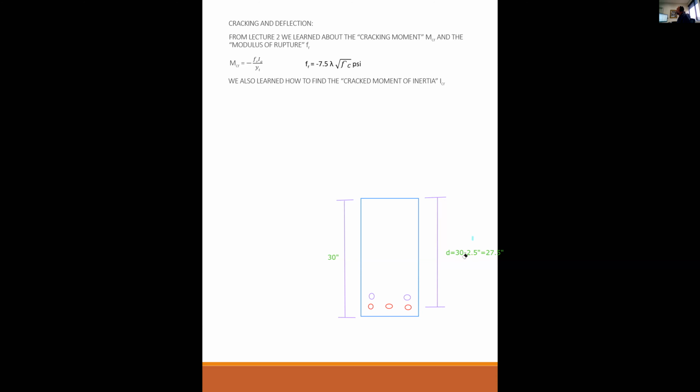I'm trying to remember the other comments that I had in the homework. I talked about rounding up D, which you do not do. You have to choose an H. I had quite a few students calculate the required steel based on the load, like a rho required or As required, and they never actually picked a rebar pattern.